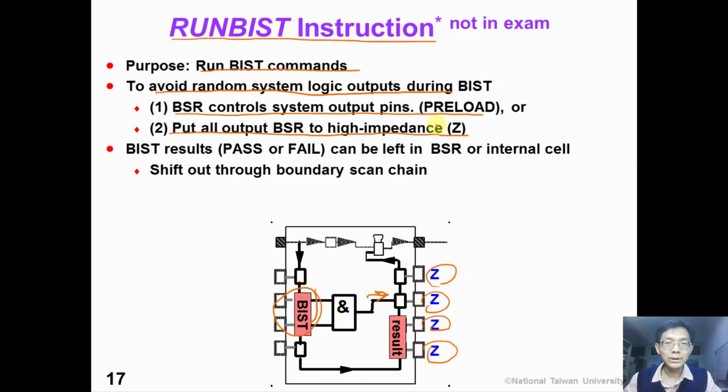This requires a special design in the boundary scan cell, which is not mentioned in this lecture. And the final BIST result, either pass or fail, can be left in the boundary scan register or in an internal cell, and it can be shifted out through the boundary scan chain.